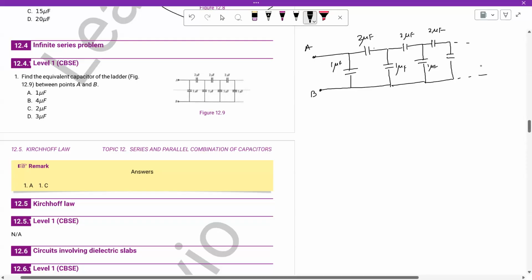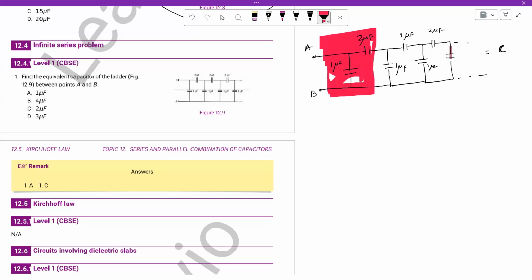If I let this capacitance be C, and if I cover this part, let's say if I hide this part, then again it is the same.